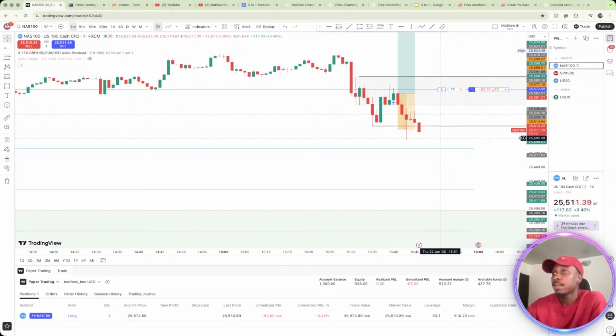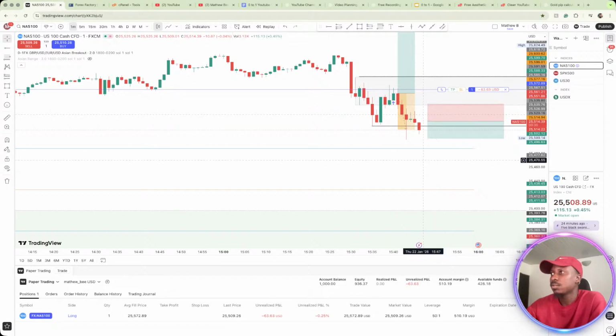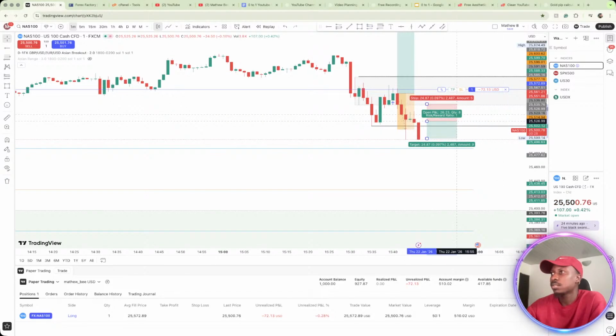Okay, now I think I'm just gonna flip my entry. I'm going to flip the entry. Let me see how many points. Oh man, price is gone. So most likely we're going for the previous day low now.